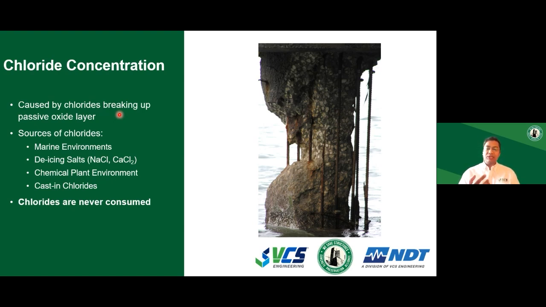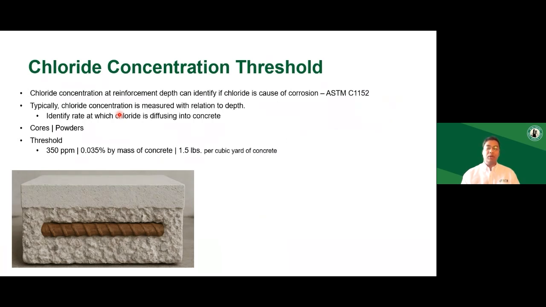So chlorides just act as a catalyst, and effectively, we need to know what the chloride content is at the rebar depth so that we can assess the risk of chloride-induced corrosion. To do that, we often perform chloride threshold tests or chloride contamination measurements. We do concrete sampling. We either take a concrete core or a powder up to the rebar depth, and in some cases beyond the rebar depth.